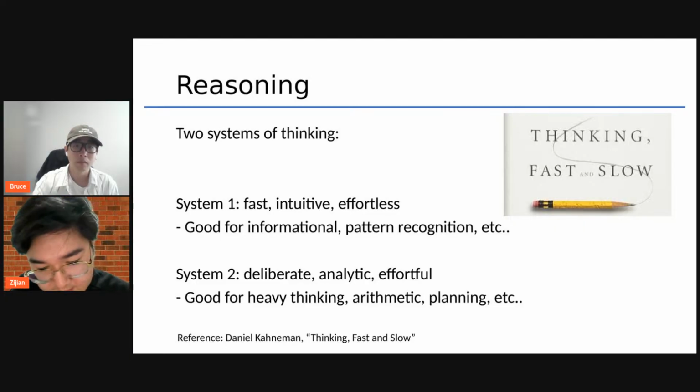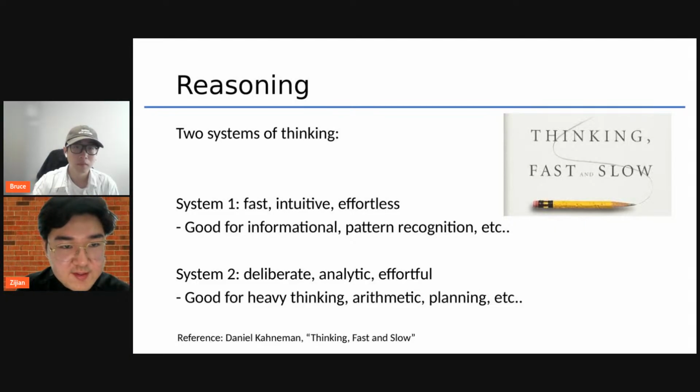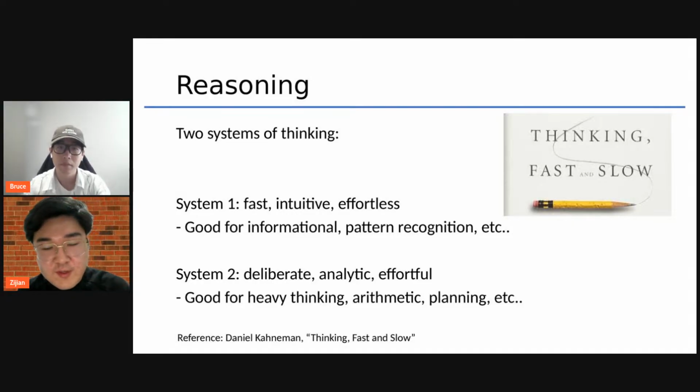Now, speaking of reasoning, there are two systems of thinking. This idea was popularized by this very famous book, Thinking, Fast and Slow. The author categorized thinking into two categories.